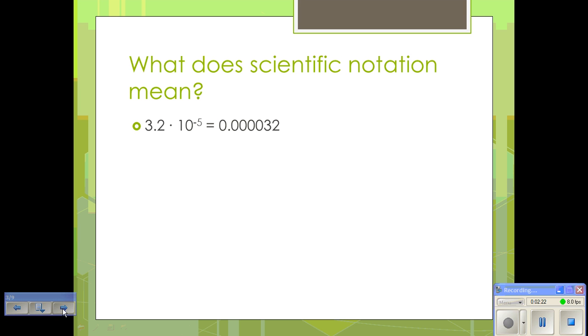And so we're going to have to move the decimal point to the left. The number tells us how many times, 5. So whenever it's a negative, we are going to take 3.2 and divide it by 10 5 times. So we've got 3.2 divided by 10, divided by 10, divided by 10, divided by 10, and divided by 10.